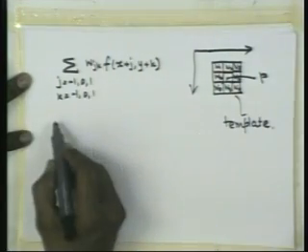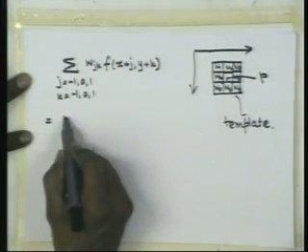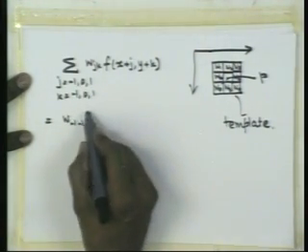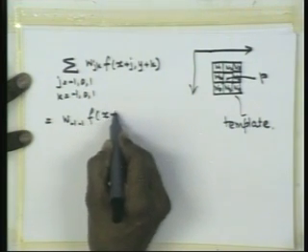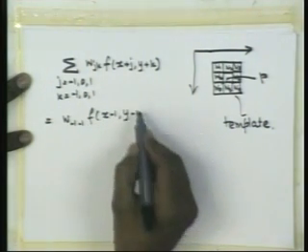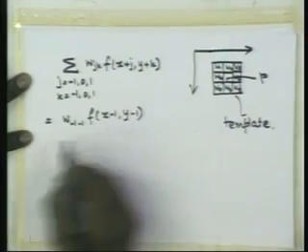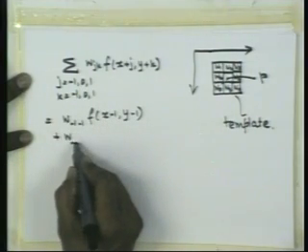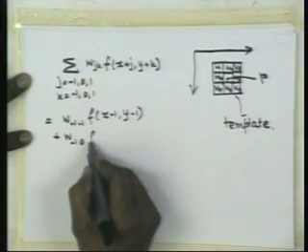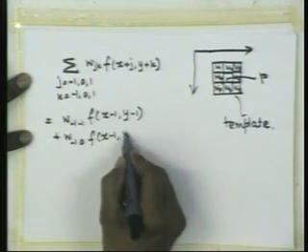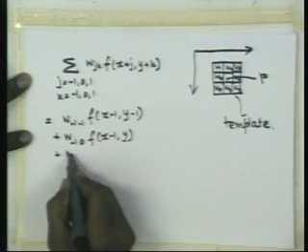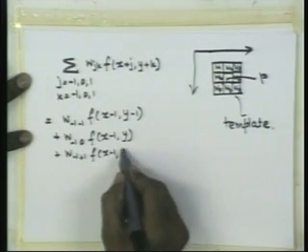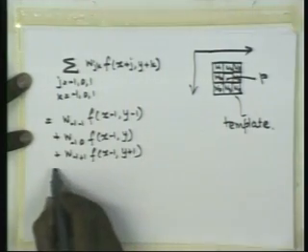If I spell it out, I take weight w(-1, -1) times the intensity f(x minus 1, y minus 1). Then I take the next term, which will be w(-1, 0) multiplied by f(x minus 1, y). Likewise I can go on to w(-1, 1) times f(x minus 1, y plus 1), and so on and so forth.